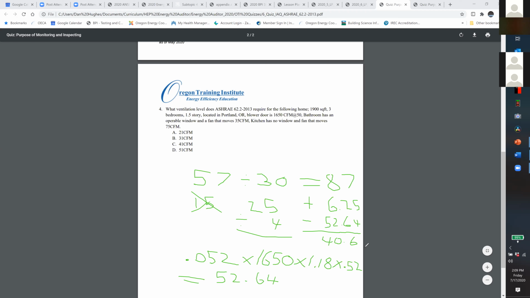Now the calculator is going to be a hair different depending which one you go with, but it's going to be ballpark within just a couple CFM. So hopefully that helps just summarize that formula one more time. Though if you guys have any other questions, I'm happy to answer those now or later. If you think of something also, that's fine.